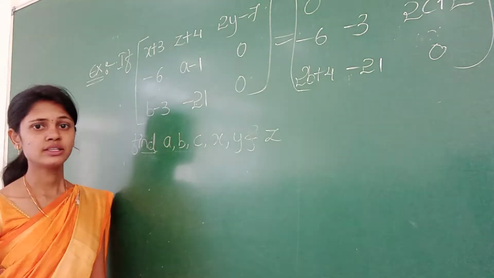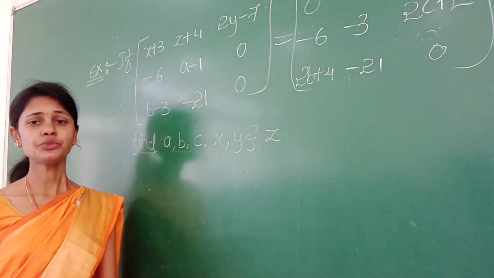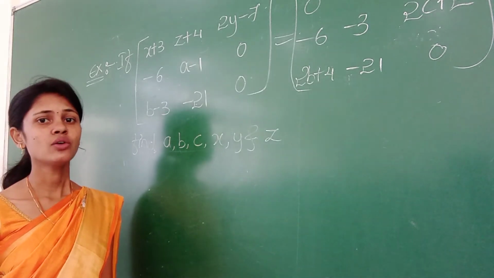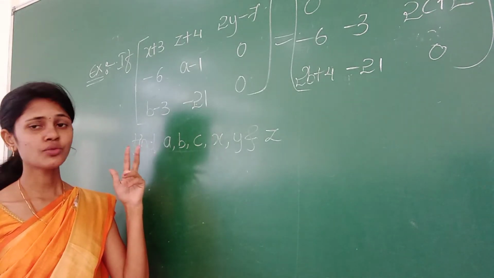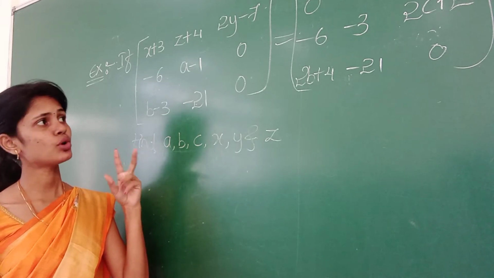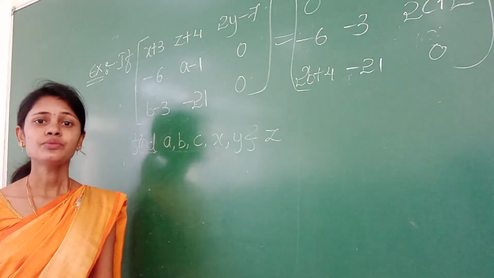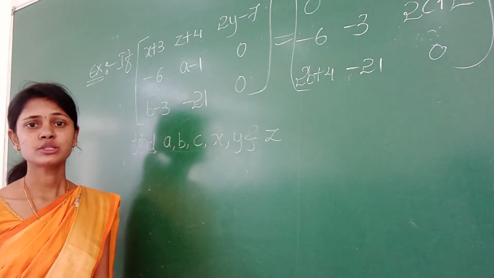So we must find the values of a, b, c, x, y, z. If two matrices are equal, then they must have the same order. Here both the matrices are 3 cross 3 matrices, and if these two are equal, then corresponding elements must be equal.